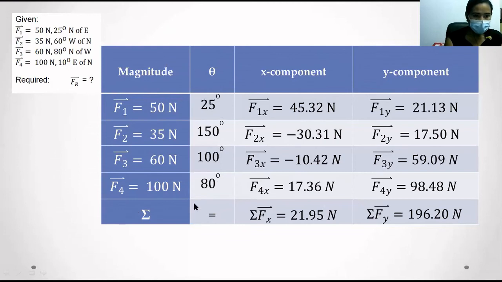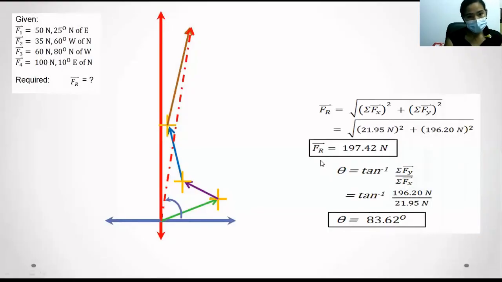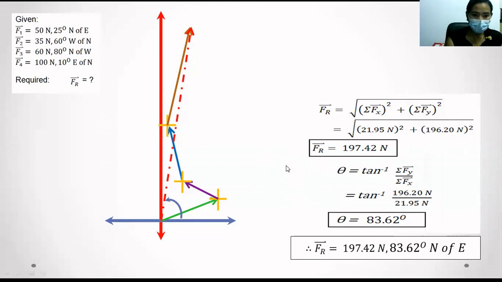For me, the simplest method of adding vectors is the component method. I am more comfortable with it, since you simply make a list of your vectors, find the x component, y component, get the sum, and perform the needed operations, and that will lead you to our resultant vector.